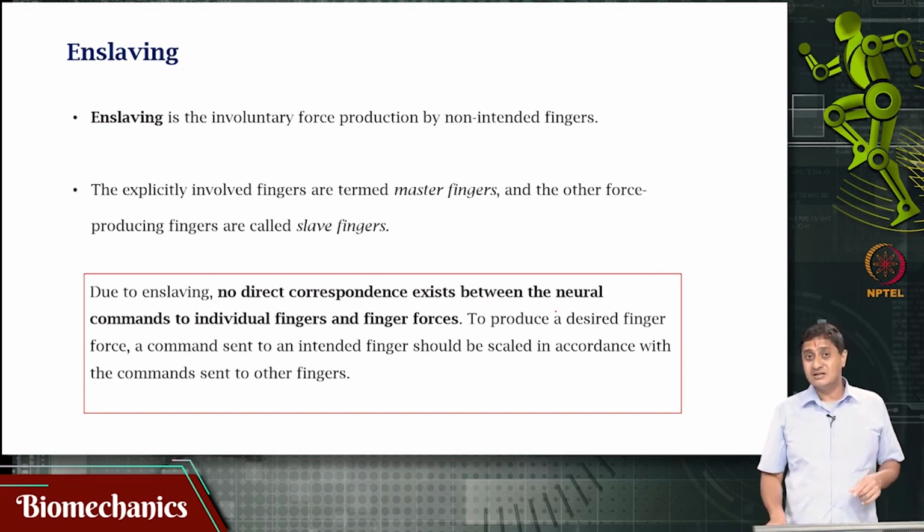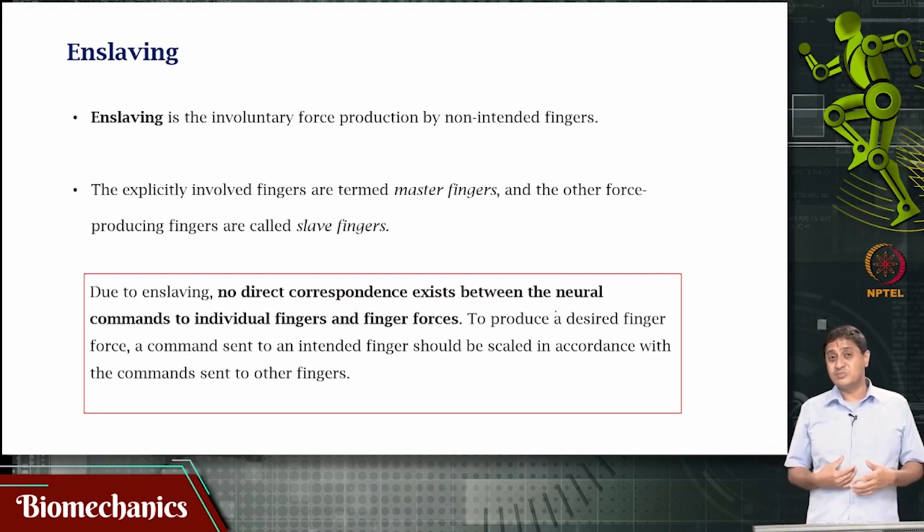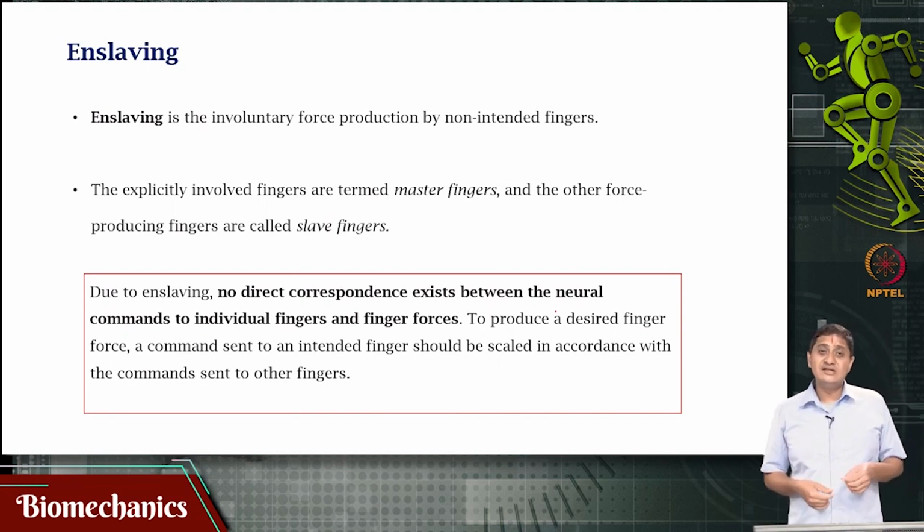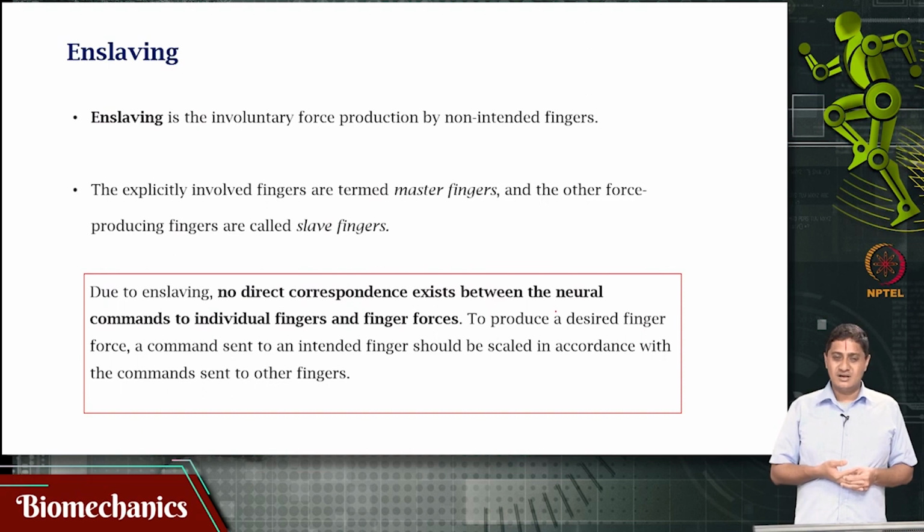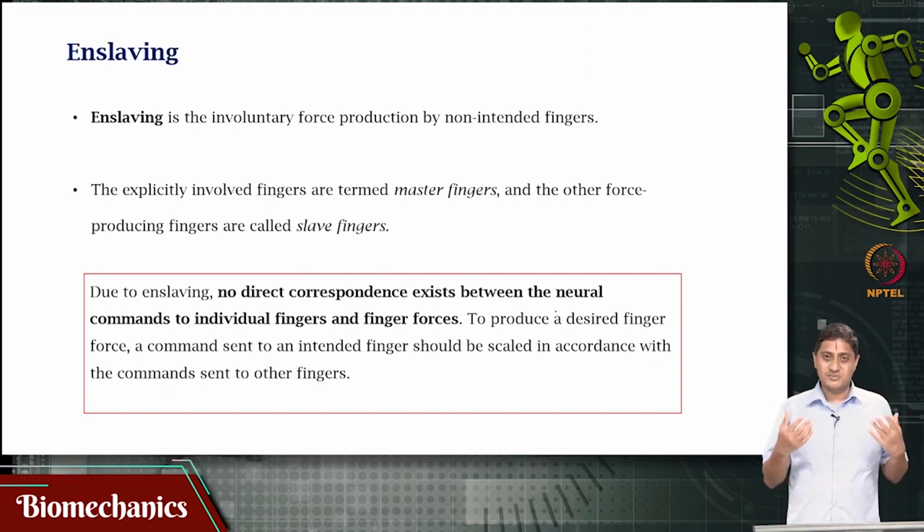That does not mean that the index finger is a slave. It means that when the instruction is to perform this task with the ring finger, the index, middle and little fingers are slaves. When the instruction is to perform this task with the index finger, the middle, ring and little are slaves, and the index finger is the master finger. So this depends on the instruction that is given, and what the person is doing.